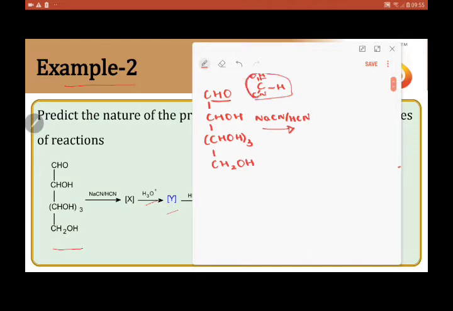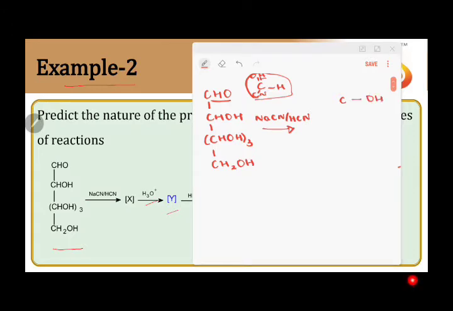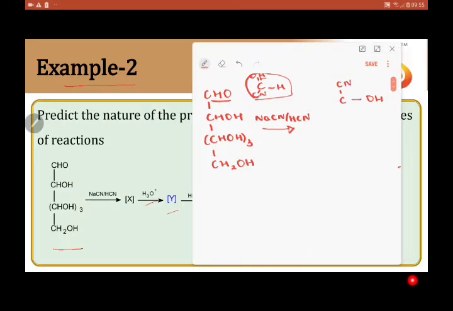So doing this reaction, on the carbon I will write single bond OH, CN is added, and there's anyways an H here. The rest of the product remains the same: CHOH, CHOH thrice, CH2OH.